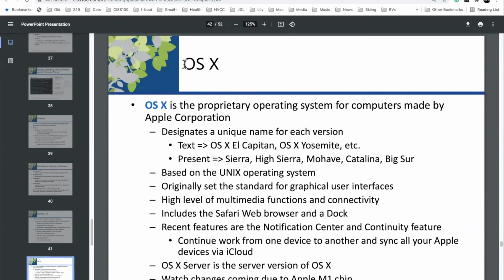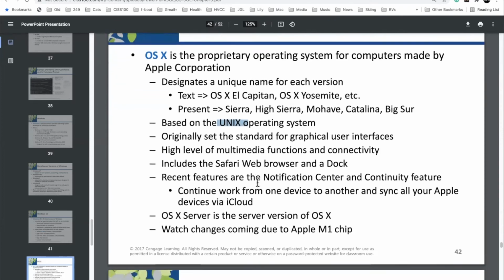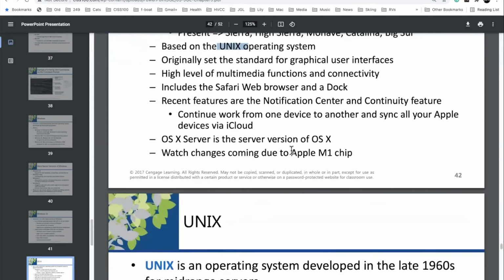Mac, of course, is OS X, is what it's referred to. Mac was developed from a Unix type operating system. So it's coming direct from servers, which explains some of its functionality. I'm not going to say much more about it. One of the things, again, I introduced this back in architecture, is Apple came out with their M1 chip.